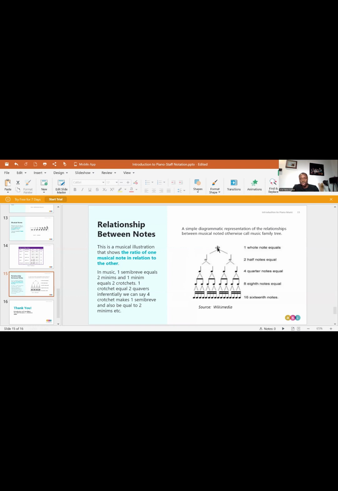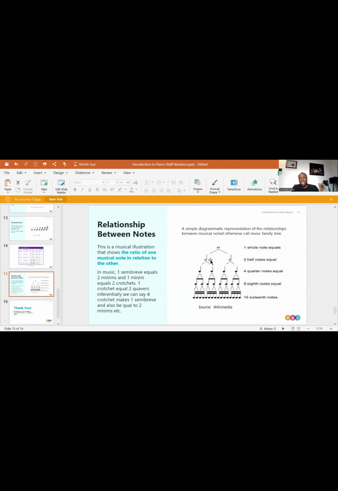So you could see that one of it has these 2, one of these 2, one of these 2. In the order of this, we could look at the tree-like structure of musical notes, which shows the relationship that exists between one note and the other.